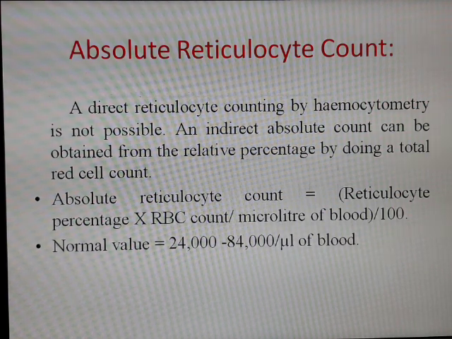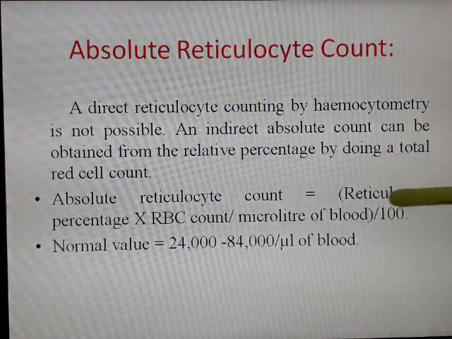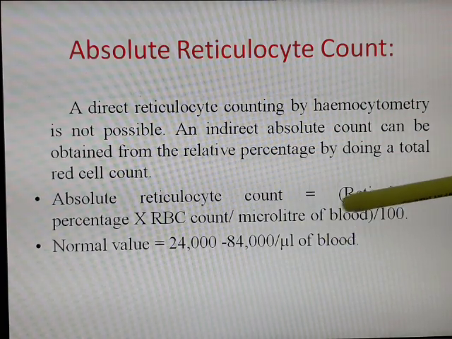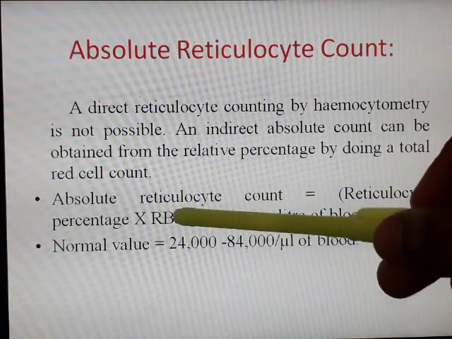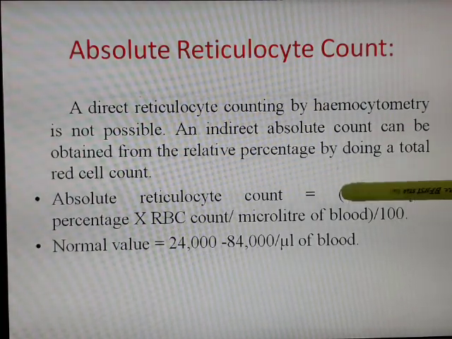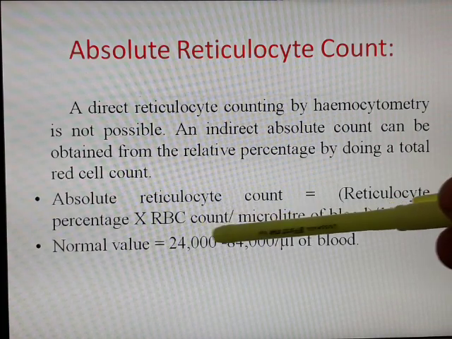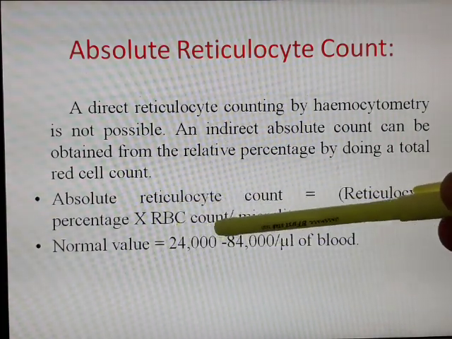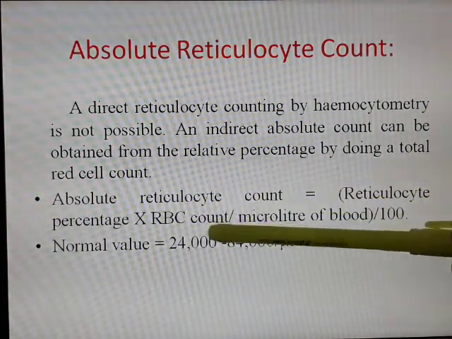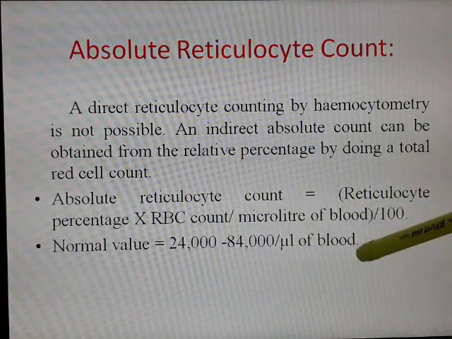Anyways, the absolute reticulocyte count can be obtained by the following formula: reticulocyte percentage multiplied by the RBC count, which is in millions per cubic millimeter of blood, and ultimately divided by 100.